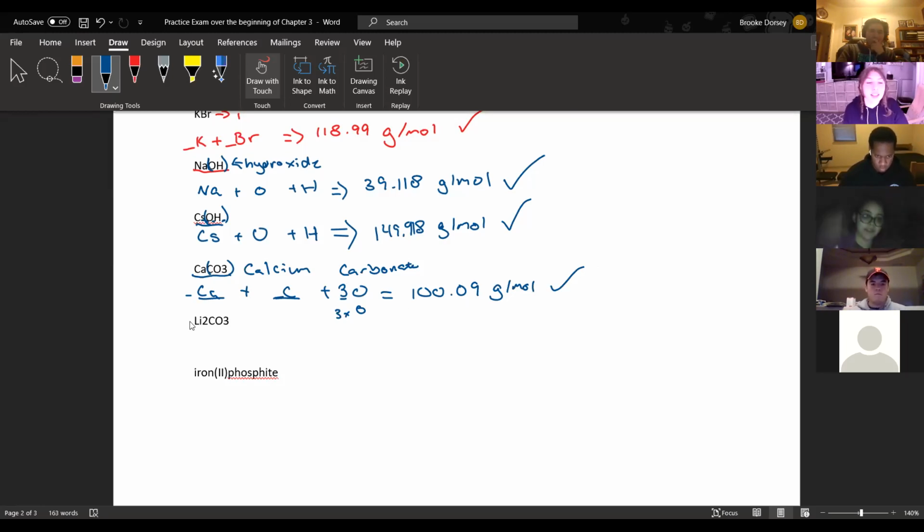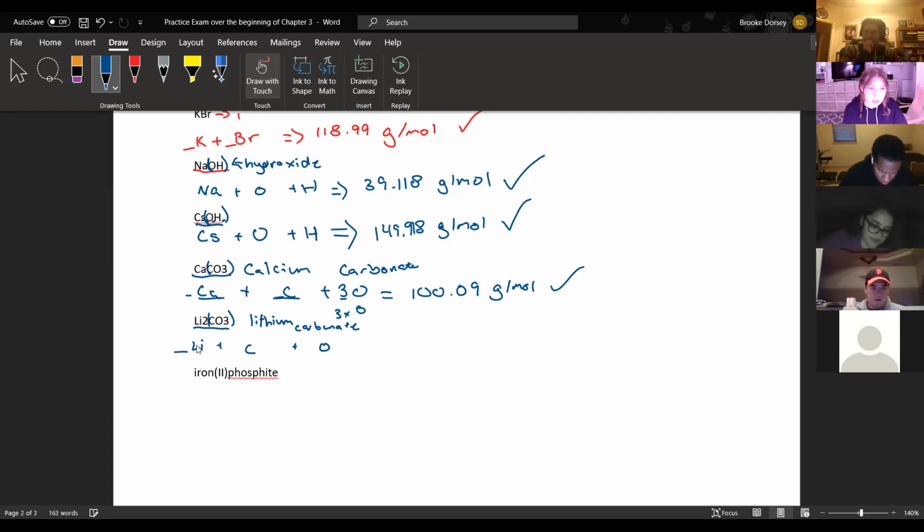All right. Moving on. What's this one called? Lithium carbonate. Awesome. Same idea. So we have lithium plus carbon plus oxygen. Do we have to multiply these by anything?